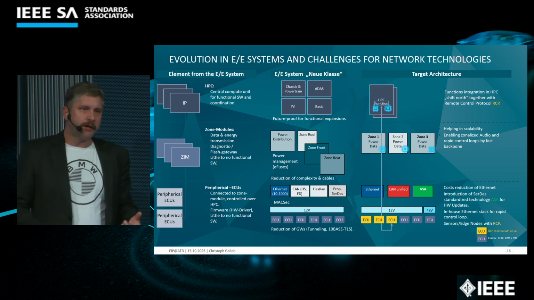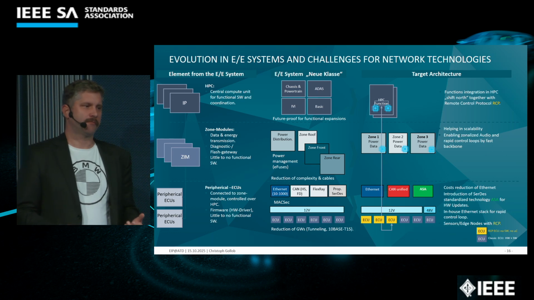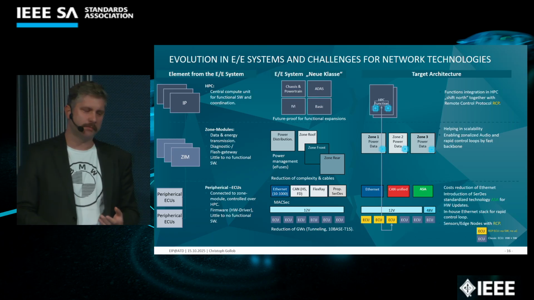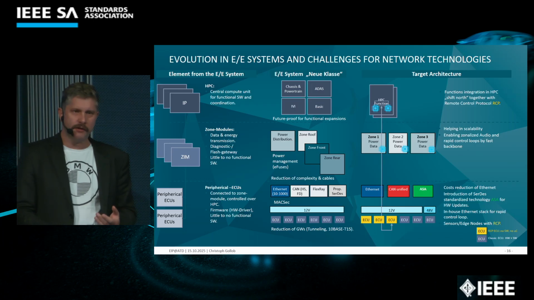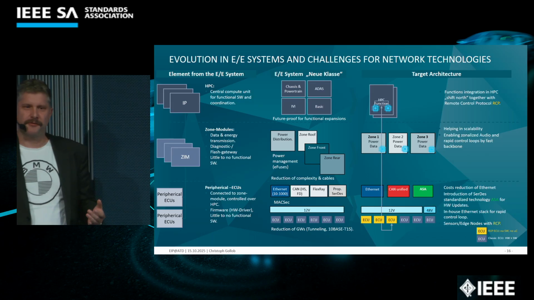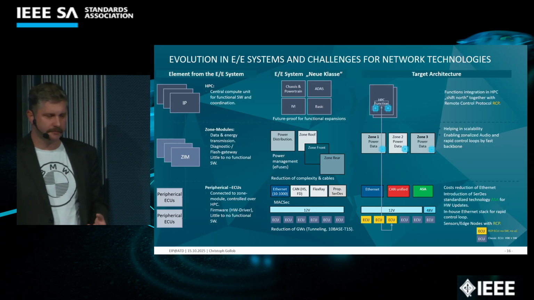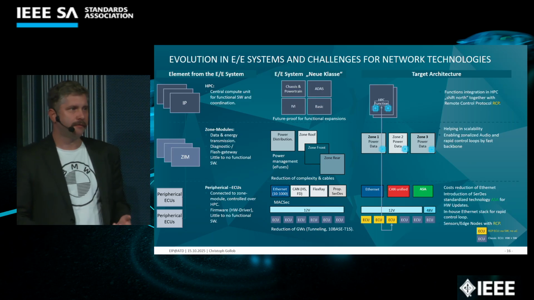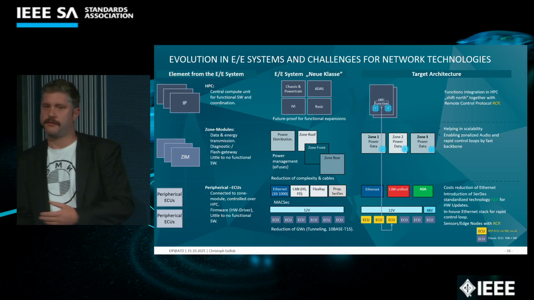We are pushing for RCP, TC18. We see this will help us a lot to create easier peripheral ECUs and centralize the complexity. We think 48 volt will come in the long run, and Ethernet is prepared for it. It's already galvanically decoupled. And we are investigating how to do fast control loops in a zonalized approach.